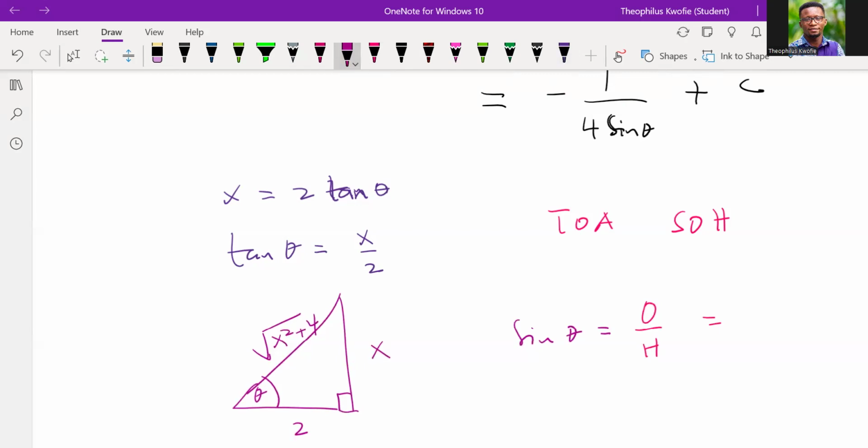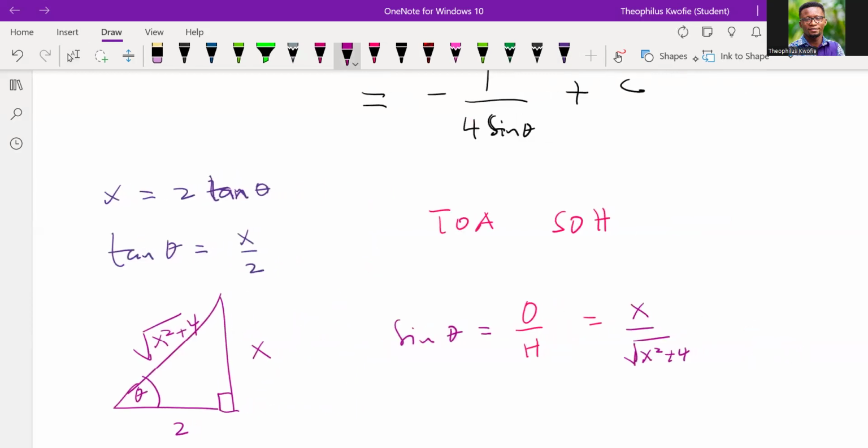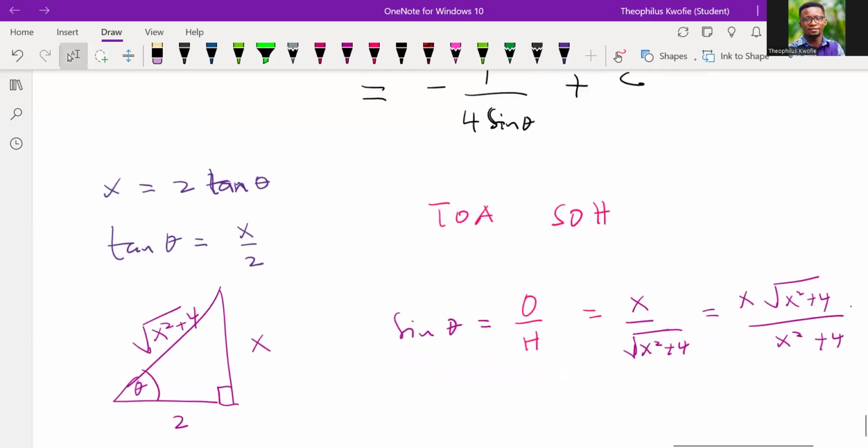From the diagram, we know that our opposite is x and the hypotenuse is the square root of x squared plus 4. Remember that in math we don't normally want to have a radical in the denominator, so we have to rationalize. By doing so, we're going to have x times the square root of x squared plus 4 over x squared plus 4. Very important. Let's take note of that.